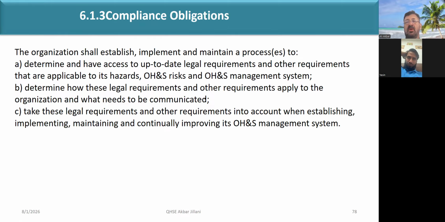Google will take you, for example, for working at height, directly to the code of practice that we have.